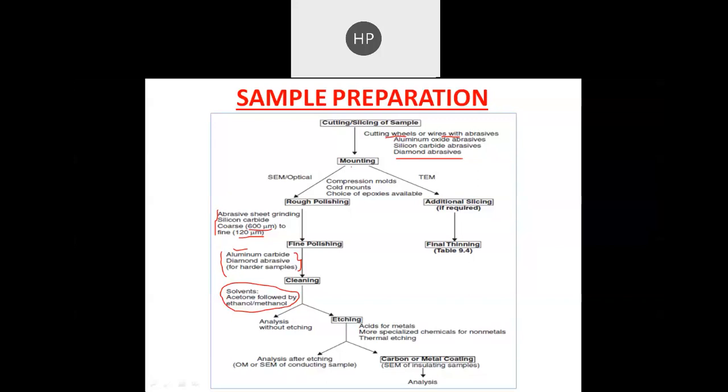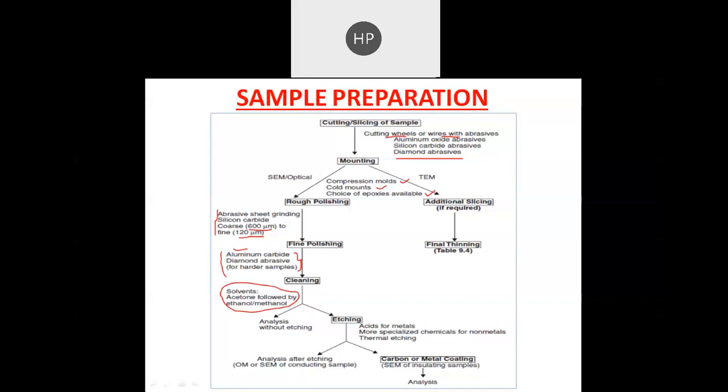For mounting we can use a compression mold, cold mount, or a choice of epoxies which are available. Epoxies means various adhesives, through which we can fix that specimen on a platform. So this is how the sample is prepared for SEM analysis.